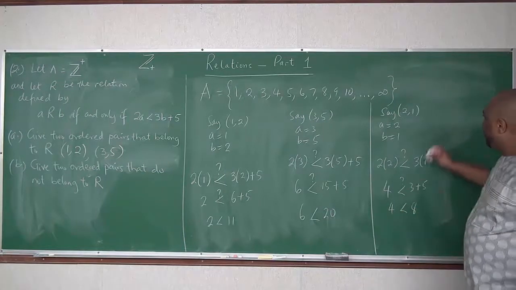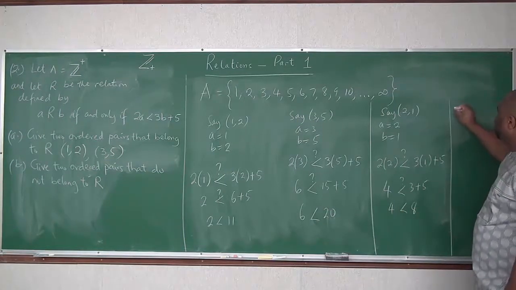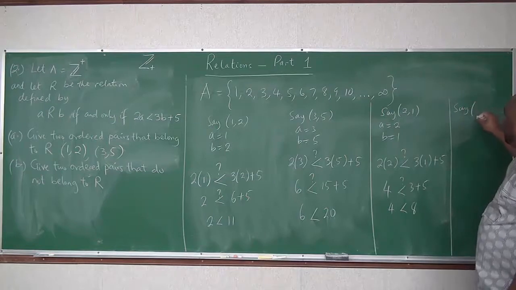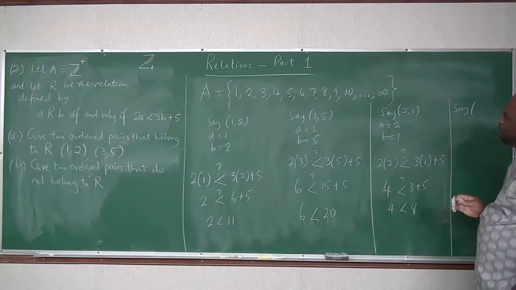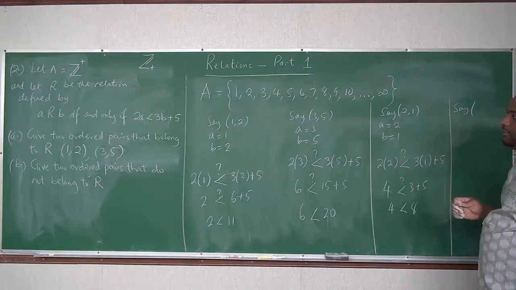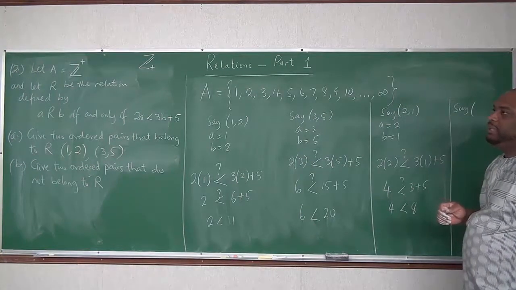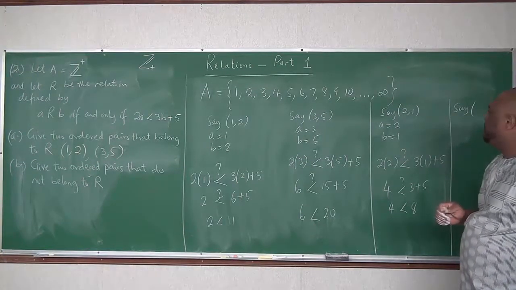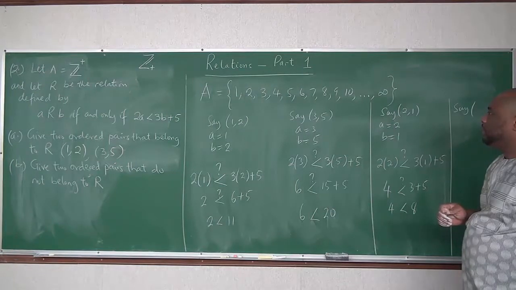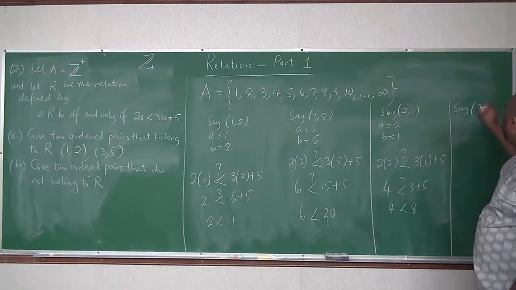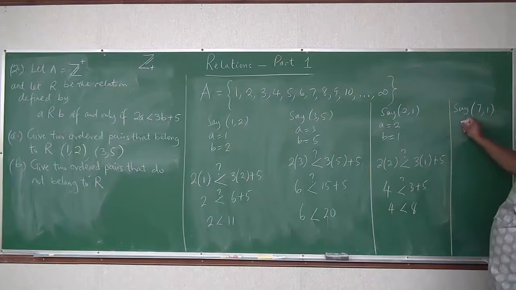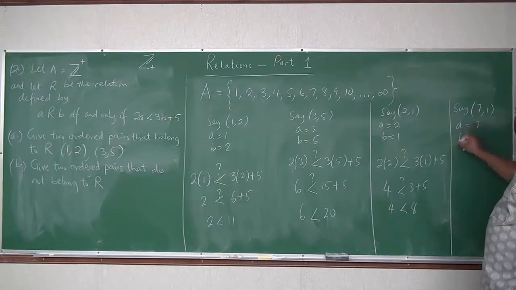But let me say, let's see. If I say 5 and 2, 2 times 5, 10, 3 times 2, 6, yeah. If I say maybe 7 and 1, so A is 7, B is 1.